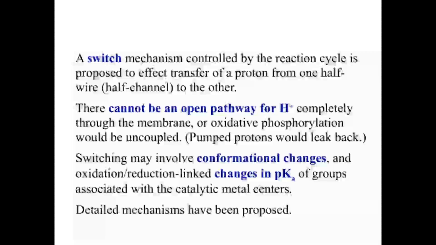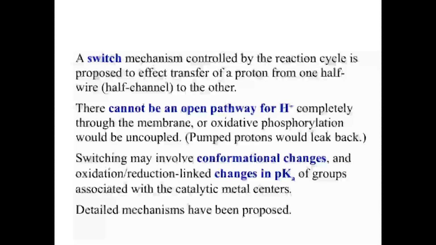And yes, over the years, scientists have proposed detailed mechanisms for how exactly this switching occurs. The key takeaway here is that this is a finely tuned process, where conformational shifts and redox states work together to ensure efficient proton transfer, which is essential for energy conversion in the cell. This concept ties back to our overall theme of understanding how molecular machines harness energy with precision.